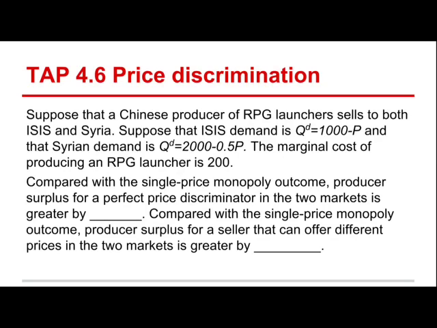Before we leave this page, I don't have room to write here. But what I did is I noticed that quantity demanded for ISIS is 1,000 minus P, and quantity demanded for Syria is 2,000 minus 0.5 P. If I just treat them as a combined market, I sum the quantity demanded in ISIS plus the quantity demanded by Syria.